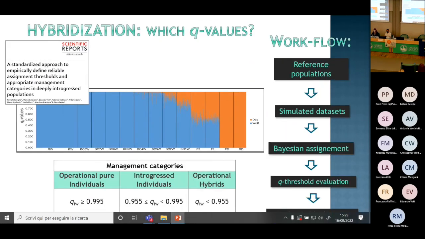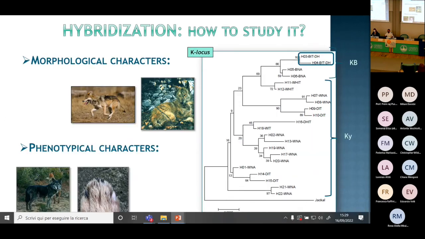For example, studying the threat of anthropogenic hybridization in the Italian wolf population, we recently developed and applied a standardized workflow based on the use of well-defined reference dog and wolf populations and appropriate assignment thresholds aimed at minimizing the risk to erroneously classify a wolf as a hybrid and vice versa.